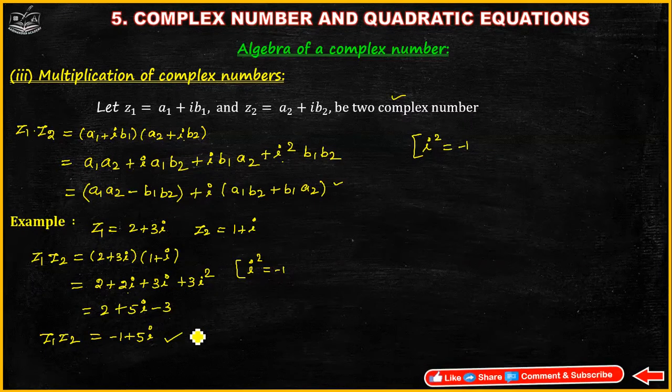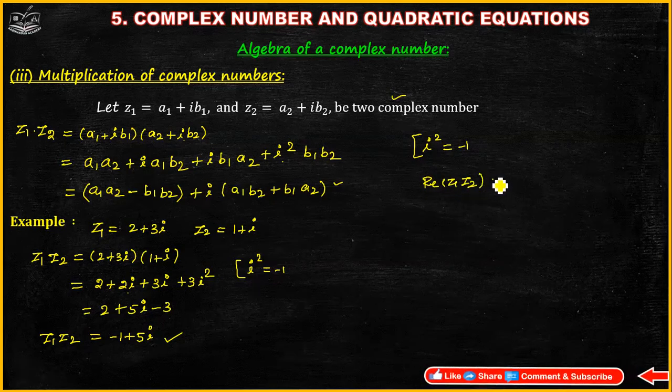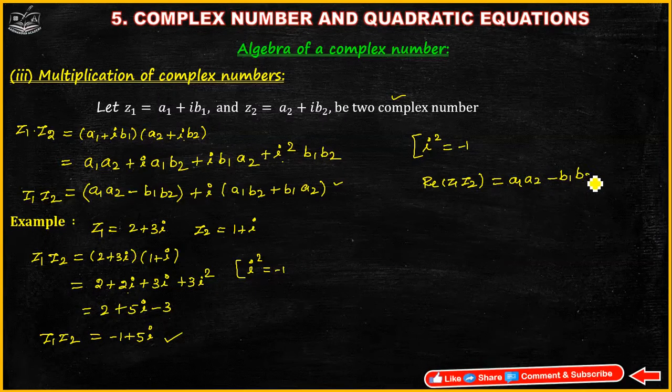Did you form this? This is a product. Now in the same way, use the same above result. Take the real part of the product of z1 and z2. If I take the real part, what value will come? a1 a2 minus b1 b2.